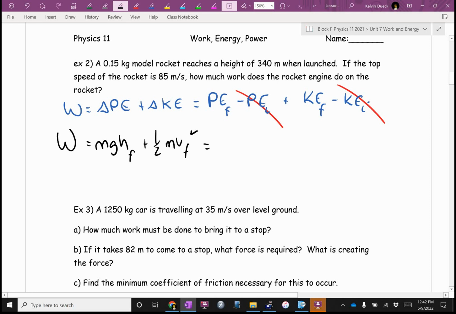How much energy did this engine have to supply to get this rocket this high and this fast? M 0.15, G 9.8, H 340, plus 0.5 times M 0.15, V 85, don't forget the squared.